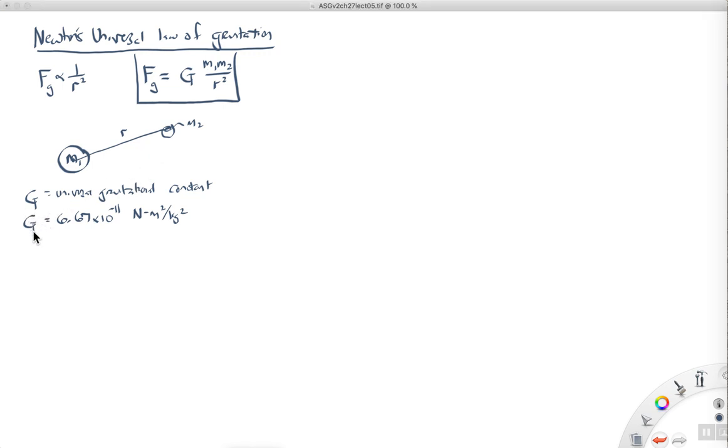This value, by the way, was not measured by Newton. Of course, it couldn't have been because he didn't use the International System of Units, which consists of newtons, meters, and kilograms. But he didn't even measure what the value of this would be in some other system of units.